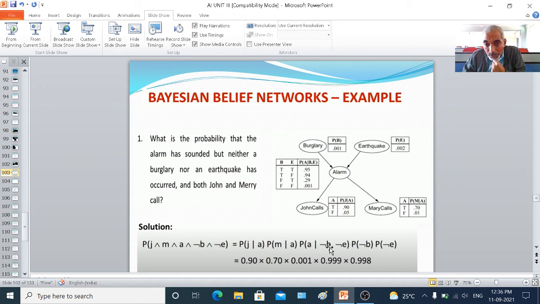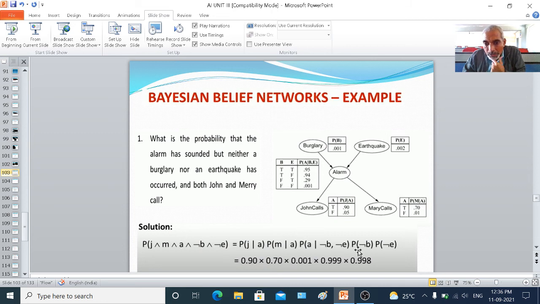The third one, probability of A, alarm, given that negation B, comma, negation E. Negation B means it is false, negation E is also false. When both are false, when is this alarm going to ring, what is the probability? From this table, when both the events are false, the probability is 0.001. Get this value.